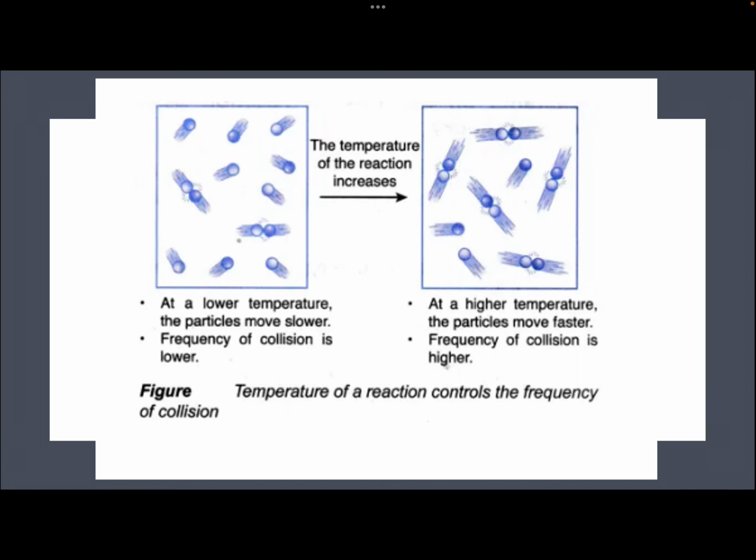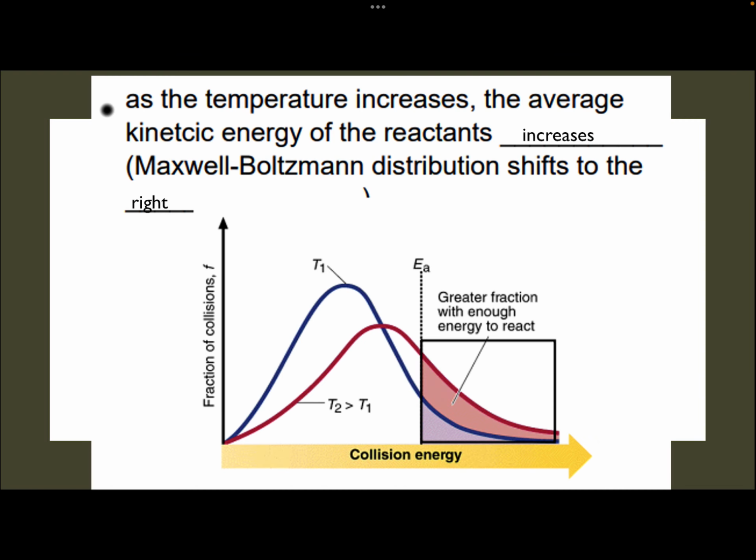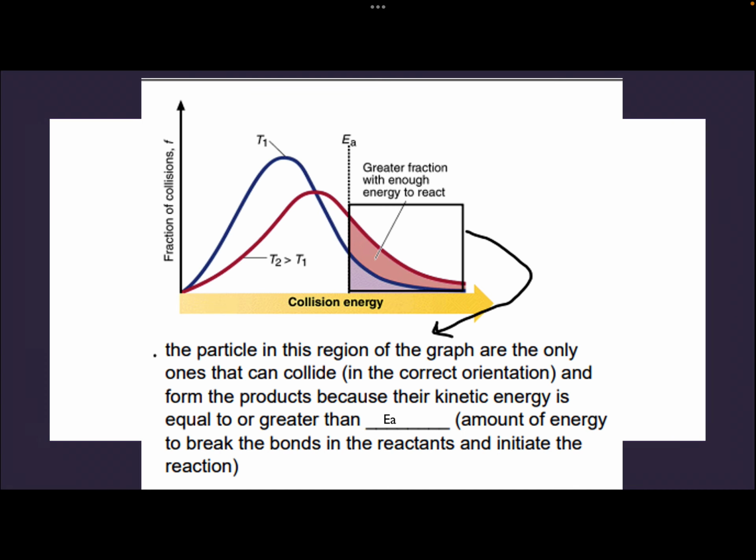That means the frequency of them colliding is also higher. So as we know, as the temperature increases, the average kinetic energy of the reactants is going to increase, which we learned about before is the Maxwell-Boltzmann distribution shift, and it's going to shift to the right in this situation because of the temperature increasing.